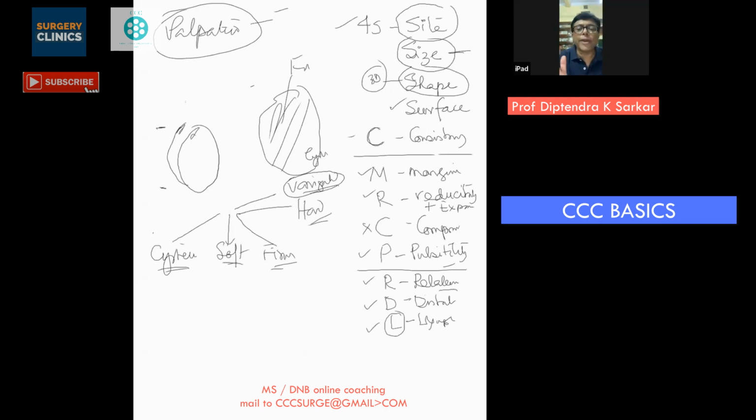The only way you can tell in an objective way that it is cystic is by demonstrating something called fluctuation. The fluctuation test is the only test by which you can tell that this swelling is likely to be a cystic swelling.